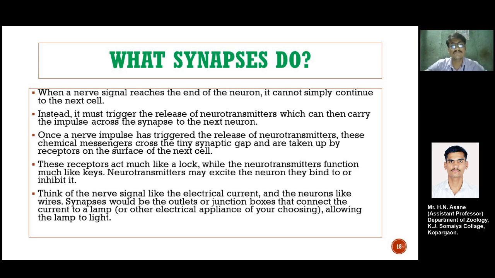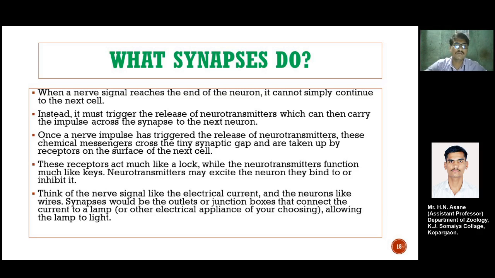Once a nerve impulse has triggered the release of neurotransmitters, these chemical messengers cross the tiny synaptic gap, or the synaptic cleft, and are taken up by the receptors on the surface of the next cell. These receptors act much like a lock, while the neurotransmitters function much like keys.